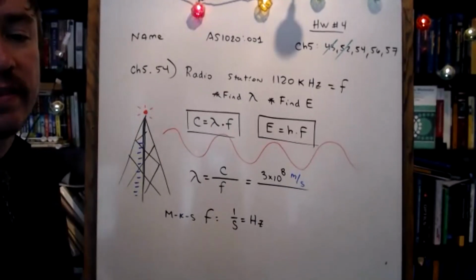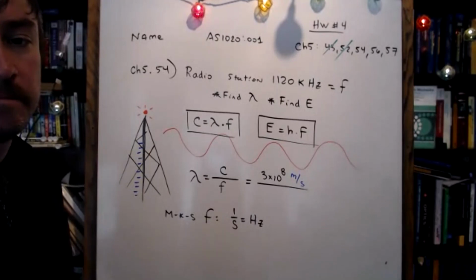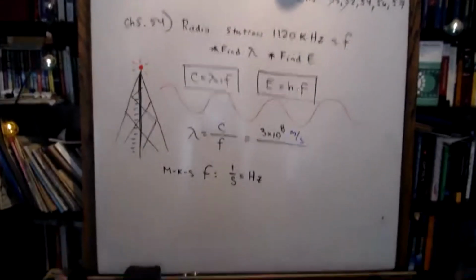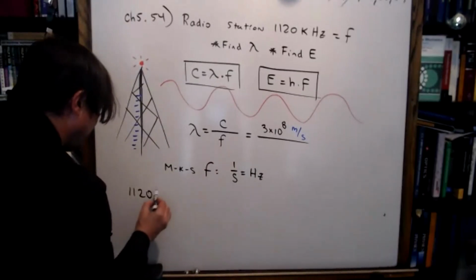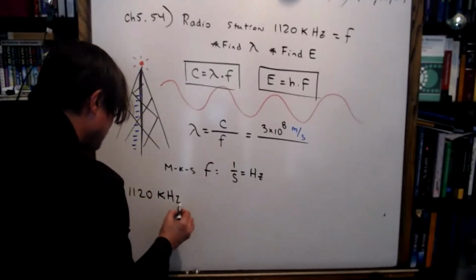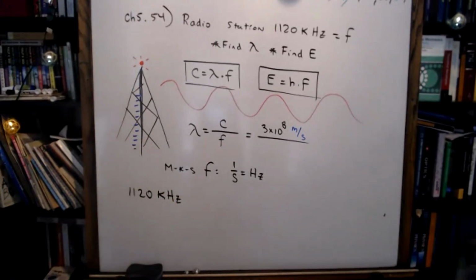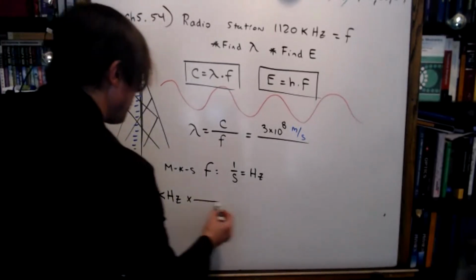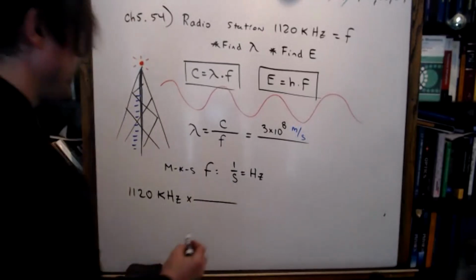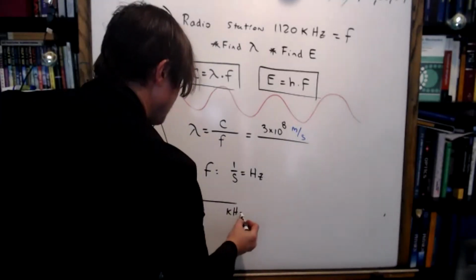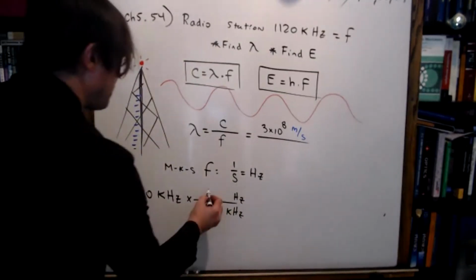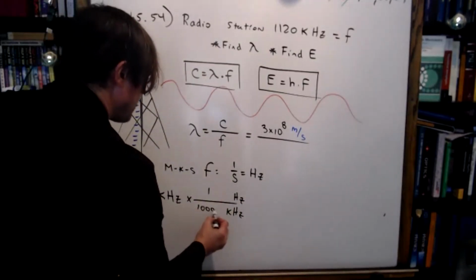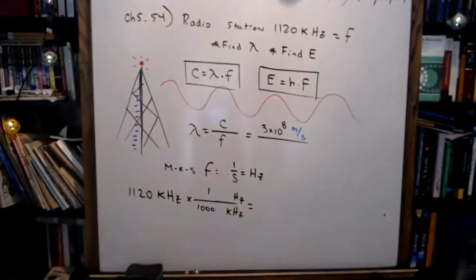So what are we going to do about that then? Dimensional analysis. Yes, sir. So I've got 1120 kilohertz. What do I do next? X bar. Kilohertz at the bottom, hertz at the top. And 1 up top, 1000 on the bottom. Punch them up.